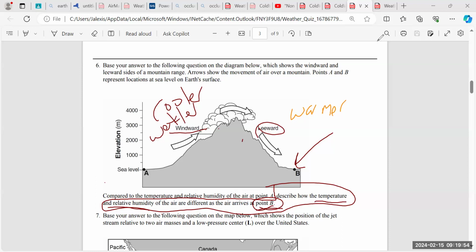Because air is sinking, and drier. As we can see, there are no clouds on the leeward side, right? And so therefore, my answer is going to be that the temperature and relative humidity are warmer and drier on the leeward side of the mountain.